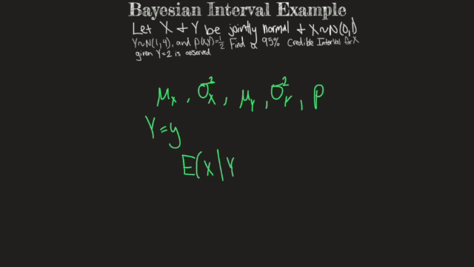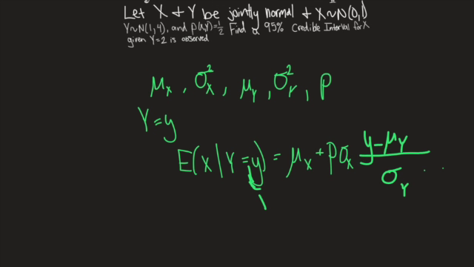All of these are going to be given y, because that's very important for this Bayesian interval. If you look back in our statistics notes, you should see something familiar.